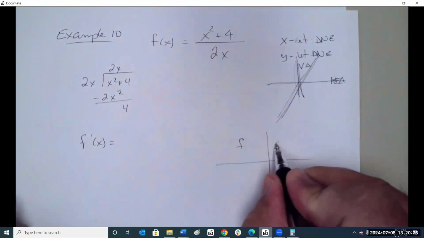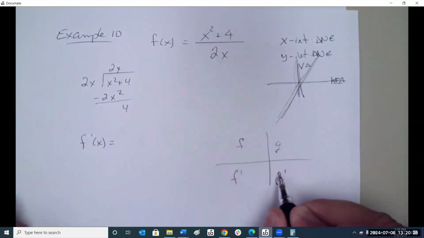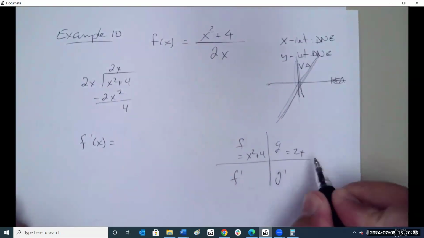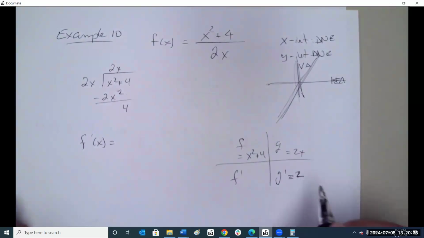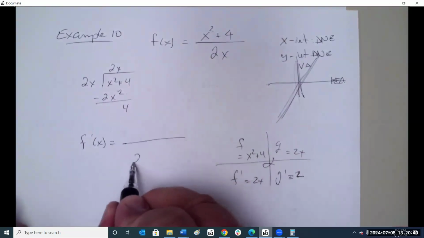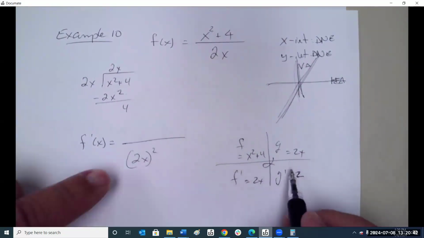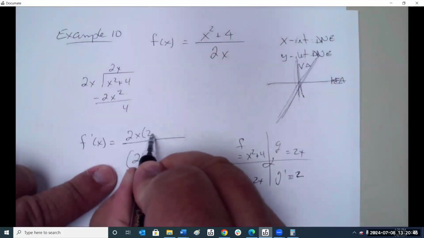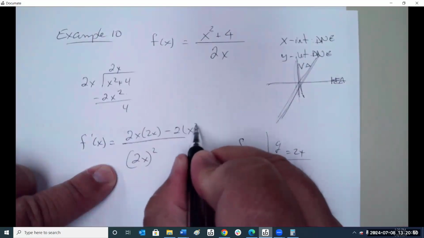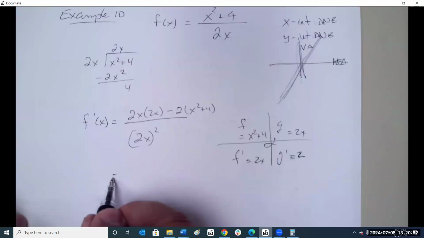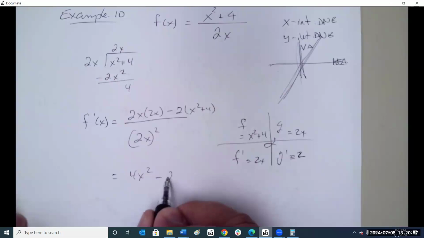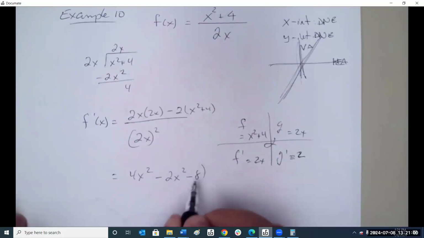f, g, f prime, g prime: x squared plus 4, 2x. So we got 2x times 2x minus 2 times x squared plus 4. 4x squared minus 2x squared minus 8.